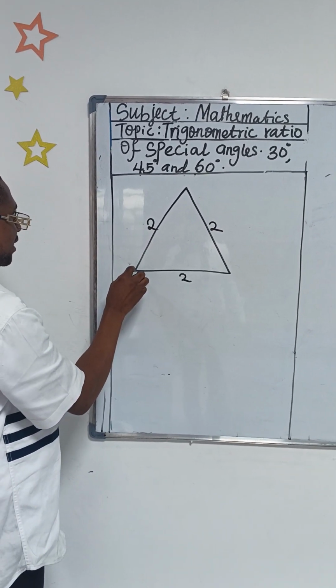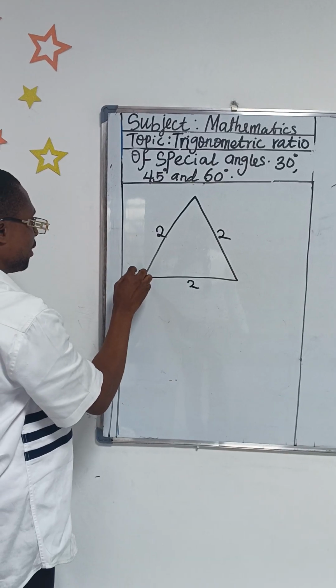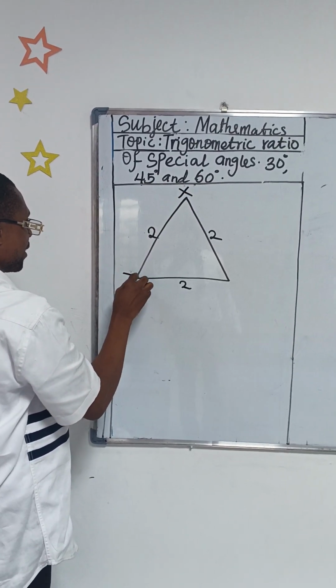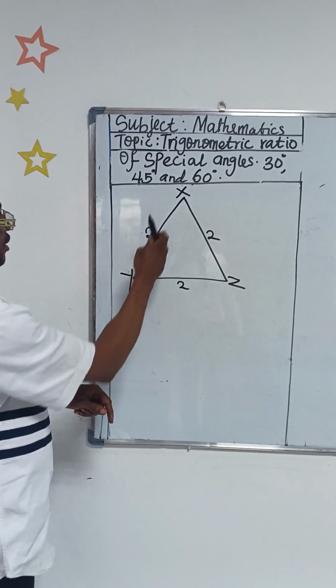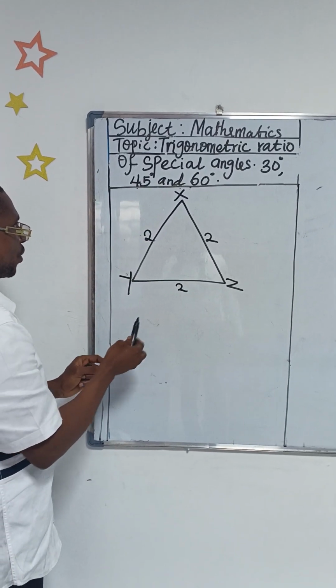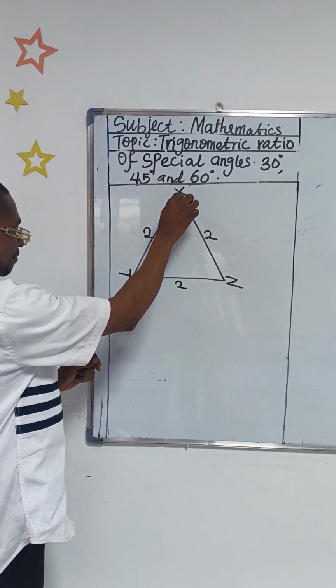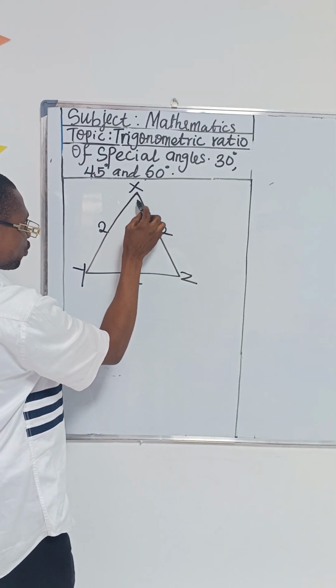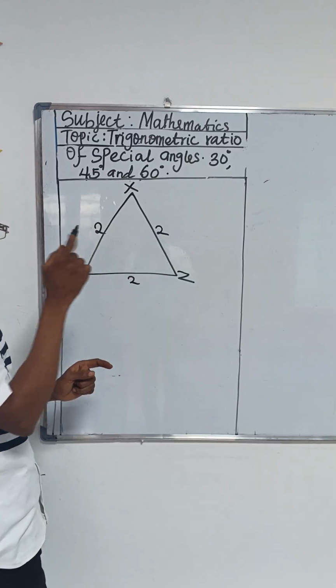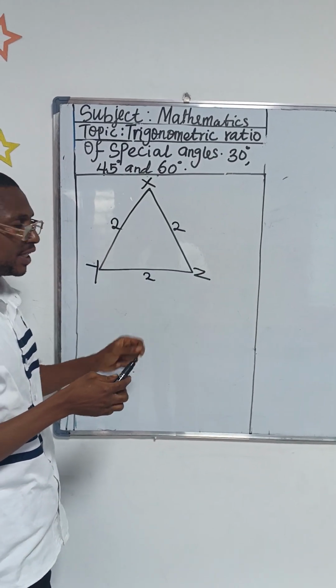Now, let me call this equilateral triangle X, Y, Z. Remember that the sum of angles in a triangle equals 180 degrees.